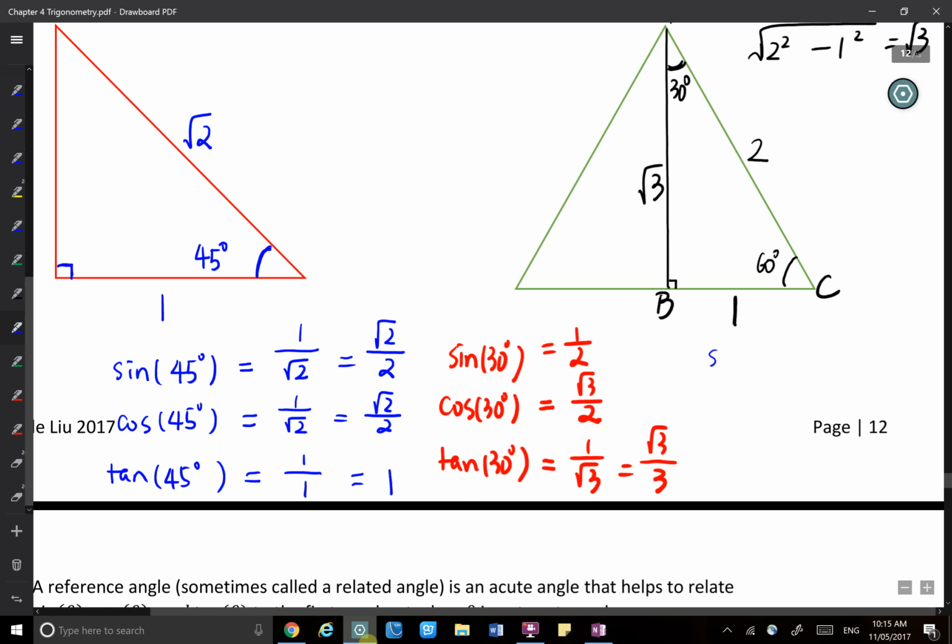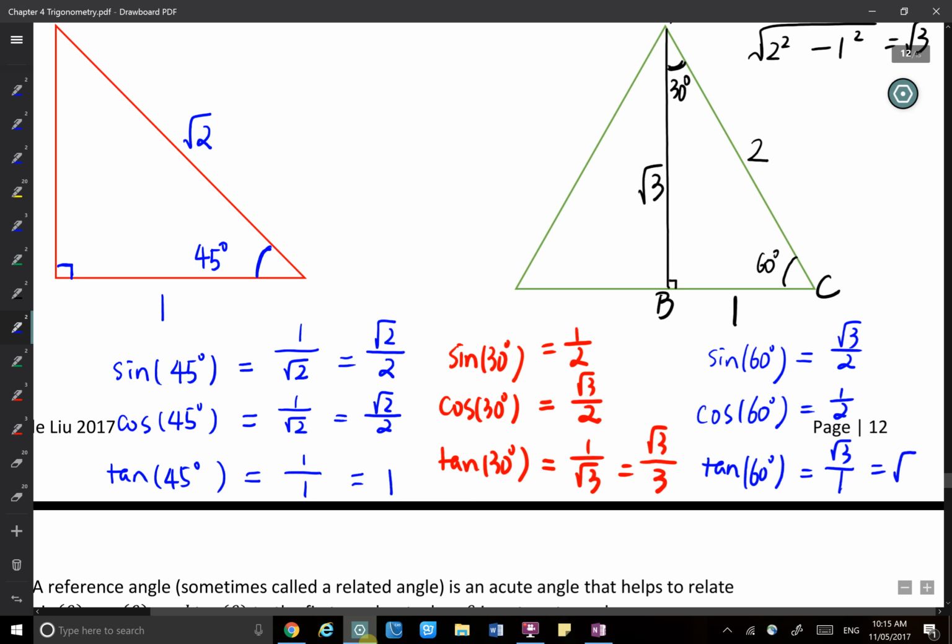what's sine 60? √3 over 2. Okay, opposite over hypotenuse. How about cosine 60? 1 over 2. And tangent 60? √3 over 1, which is √3.